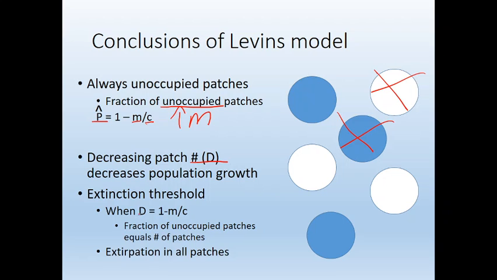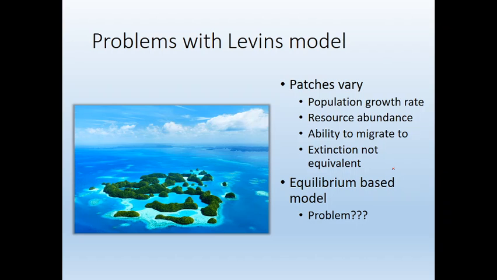Once this decreasing patch number equals that proportion of unoccupied patches, then you get, basically in this case, a metapopulation that is completely empty of your species of interest.